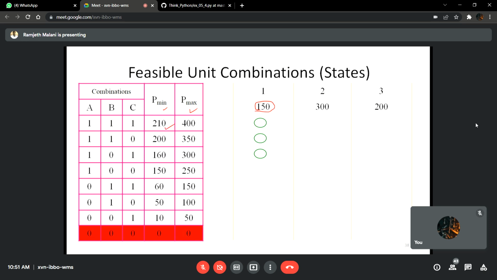I have summed up the maximum limits of all these three generators and written here. So with all the three generators running, you can supply the power from 210 to 400 megawatt.